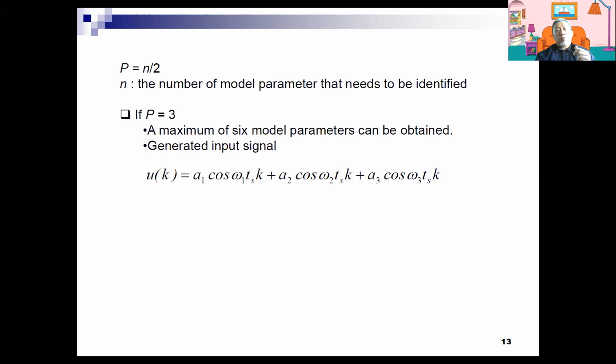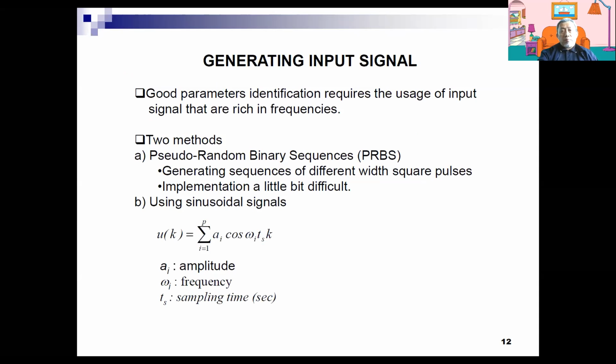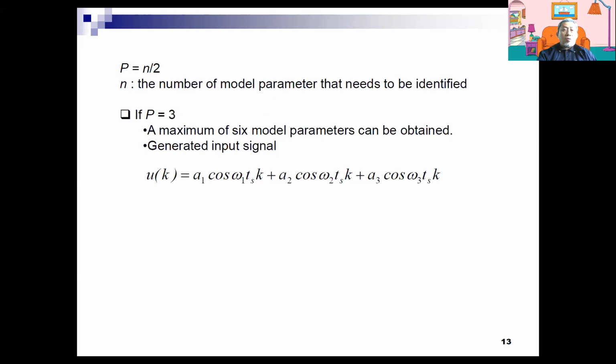So there is a parameter we call P, where P is N divided by 2. N is the number of model parameters that need to be identified. In the parameter estimation in chapter 4, we had N equal to 2, which are A and B. But if P is equal to 3, we have a maximum of 6 model parameters that can be obtained from the signals that we generate.